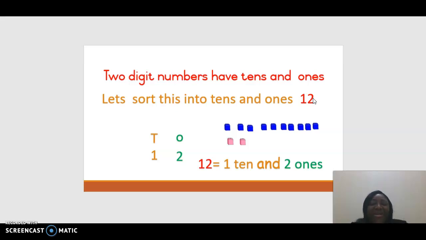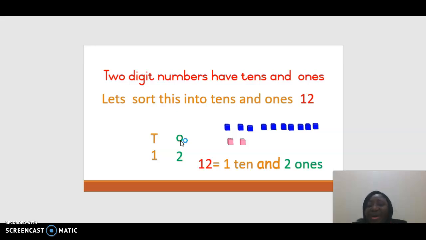If you said t, you're correct. And over here I have written t, which stands for my tens. For my ones, I have written O, which is a tricky sound, because actually ones starts with the O sound, even though it doesn't sound like an O.